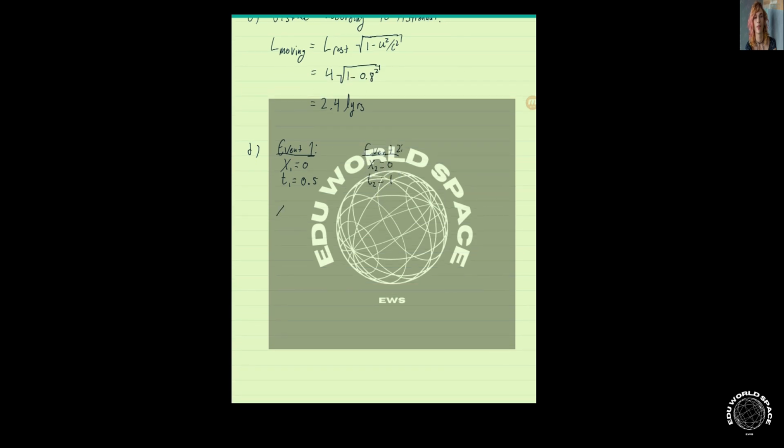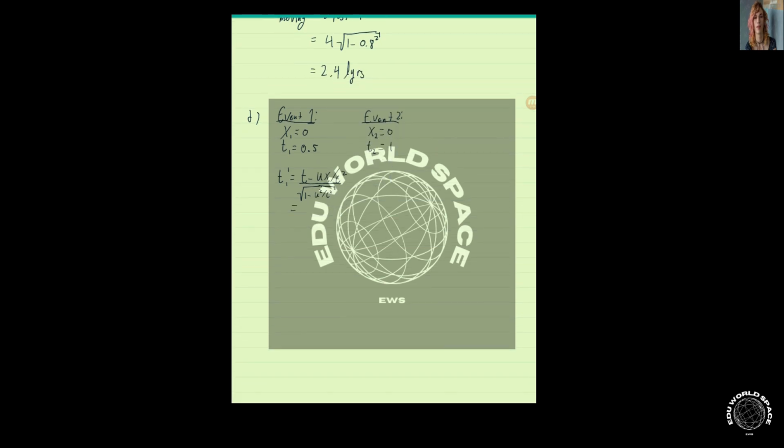Then in our transformed reference frame, or in the moving reference frame, we'd have t1 prime equal to t minus u x over c squared, divided by the square root of 1 minus u squared over c squared.